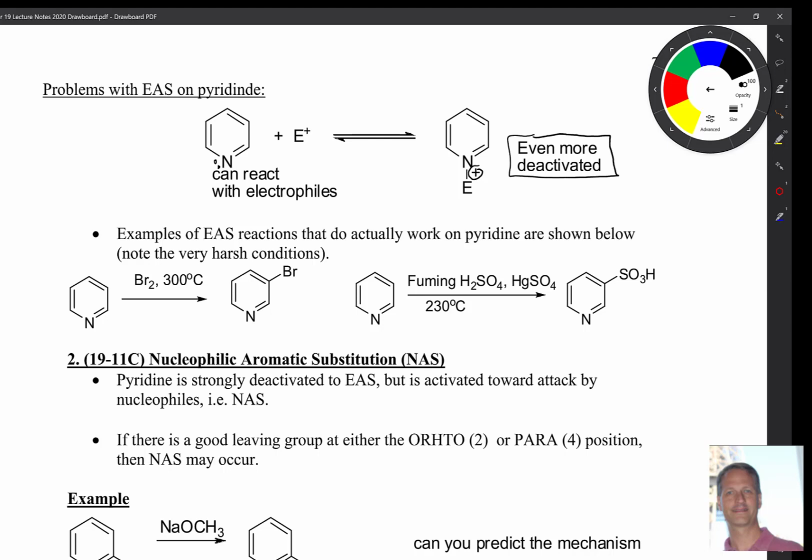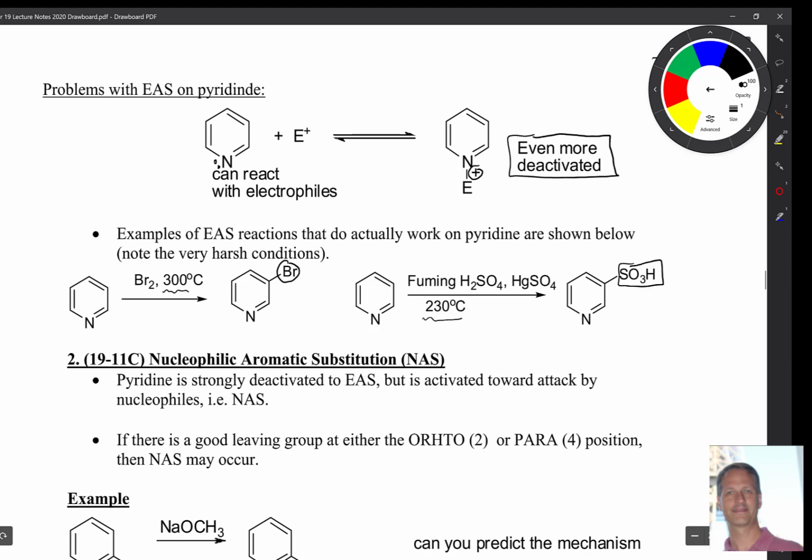So as far as our class goes and homework, we'll just go ahead and substitute at the meta position and not be concerned with these problems unless it's stated in the question. Now, there are some examples of EAS that do work on pyridine industrially, and these are shown below. Notice the high temperature here, still high temperature over there, and also that we're still substituting at the meta position.